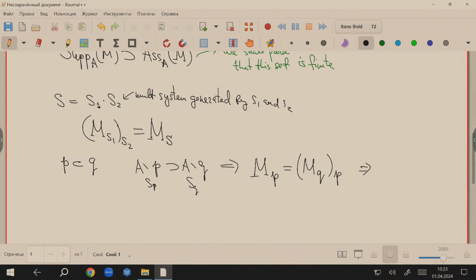This implies that if M_P is not 0, then M_Q is not 0. So this means that if P belongs to the support of the module, then Q also belongs to the support.